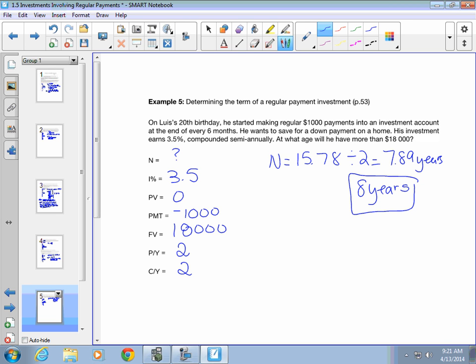So it's going to take him 8 years to get there. At what age will he have more than $18,000? So by age 28, he will have more than $18,000.